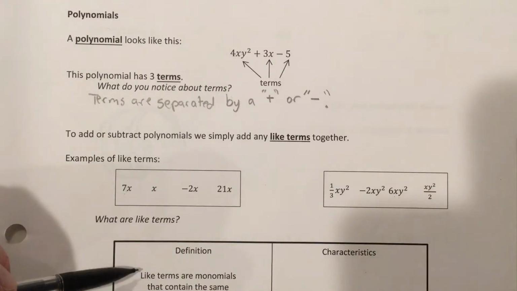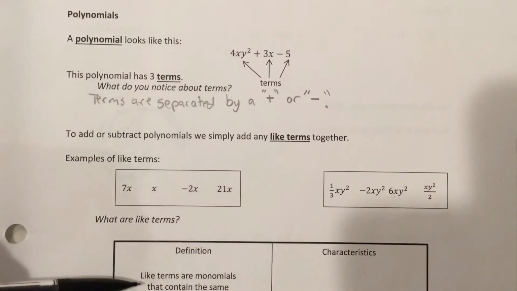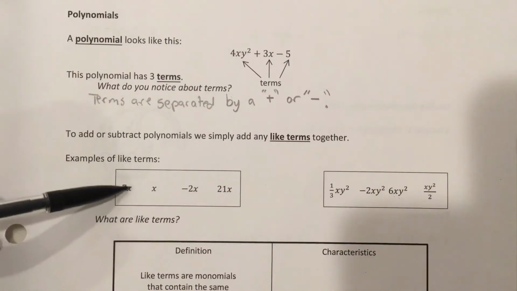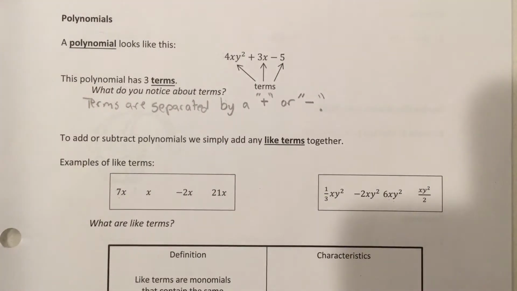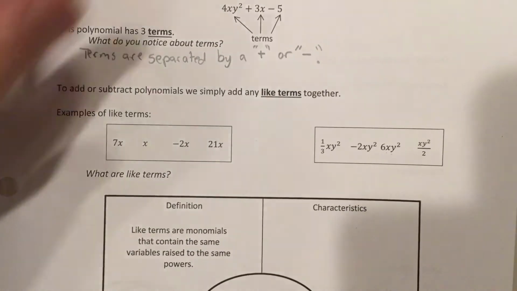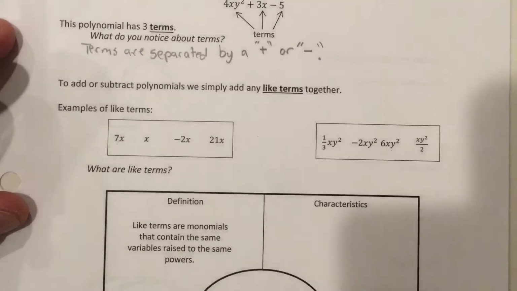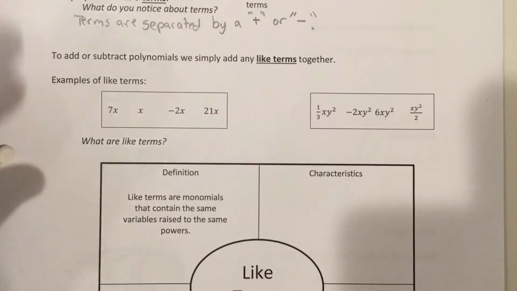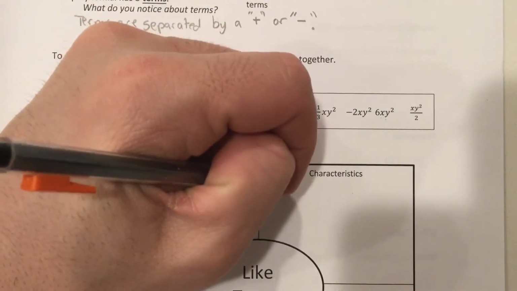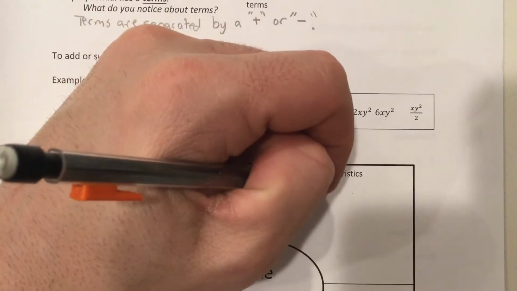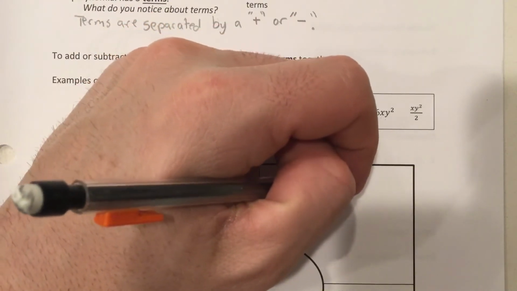So, the definition of like terms: like terms are monomials, meaning single terms, with no addition or subtraction in each of those, that contain the same variable raised to the same power. So the characteristics: they can have different coefficients.